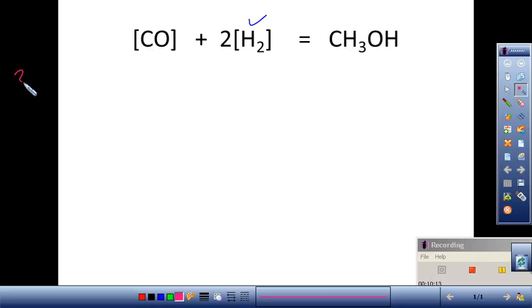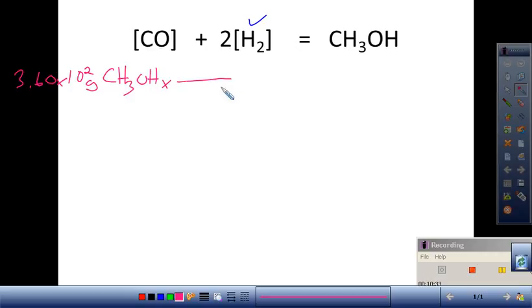So again, I'm starting with my given. Oops, not moles. I'm starting with grams of methanol. Okay, I don't want grams of methanol, so I'm going to put it down here.